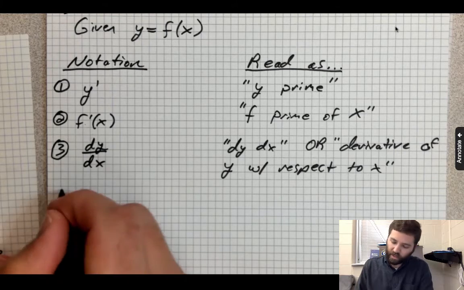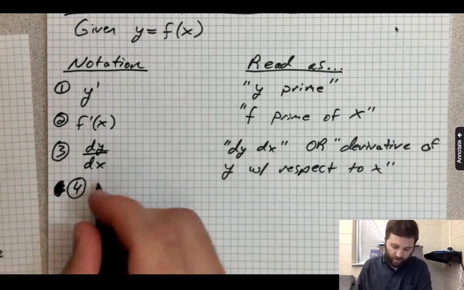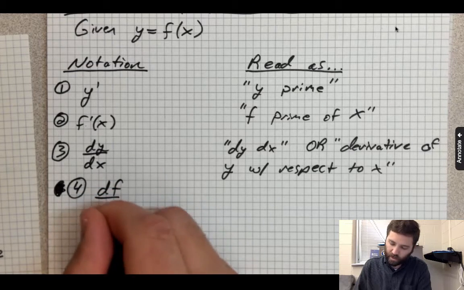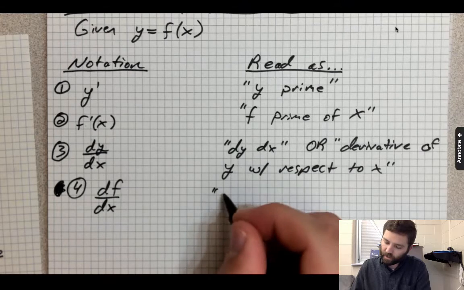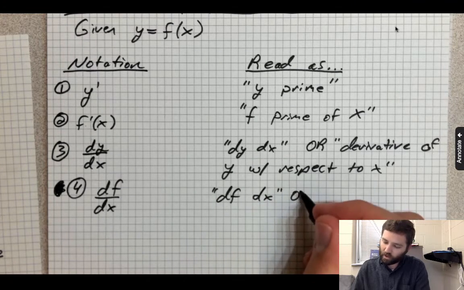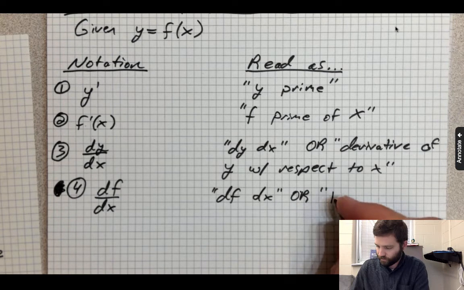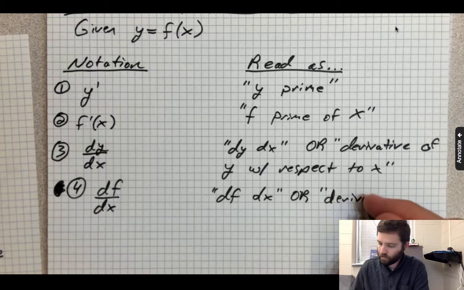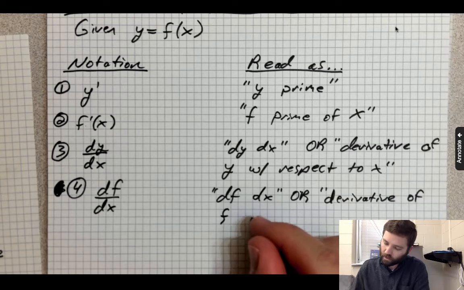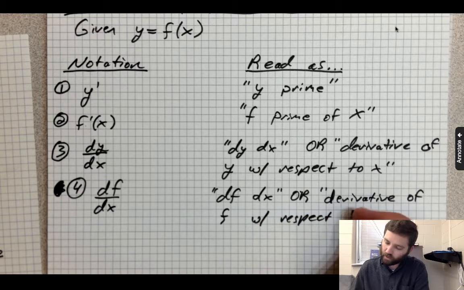This next notation, number 4, is very similar to the previous one: df dx. That is read df dx, or you can read that as the derivative of f with respect to x.